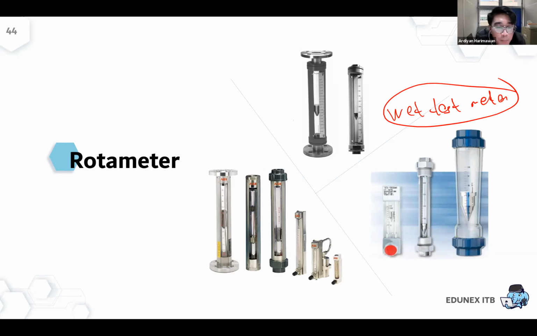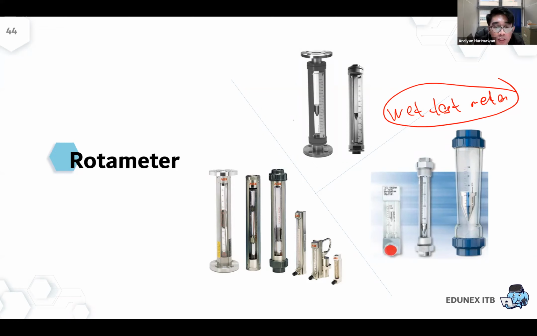I think later in MPA, metode pengukuran analysis, we will learn how to do the calibration. But what I want to point out is if you have these rotameters and you want to use them to measure the flow rate of, for example, oxygen or nitrogen, then you have to calibrate with nitrogen as well.